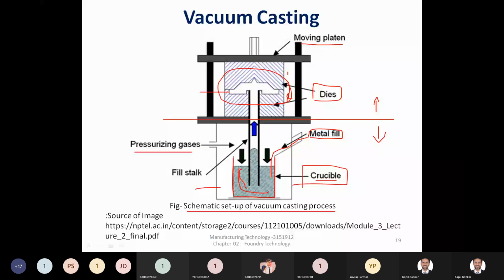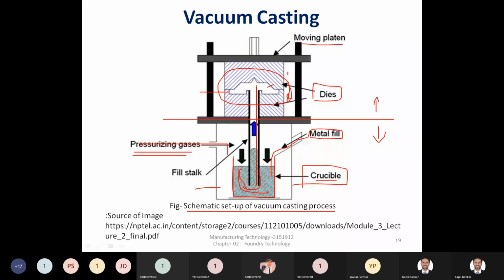Now here molten metal is there. Because some pressurized gas is applied, it will create some pressure on the molten metal. So because of this vacuum and the applied pressurized gas, the molten metal will rise up from the bottom side of the mold and enter into this mold.